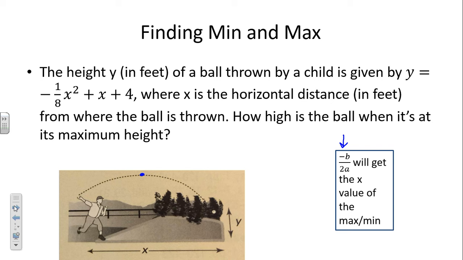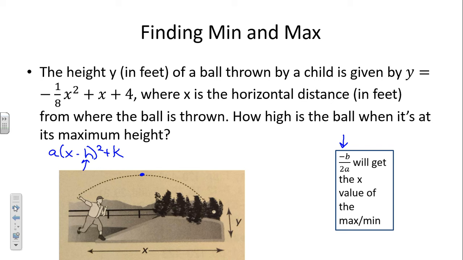Because it will be something like a times x minus h squared plus k if we do complete the square on it, and this h will be the x value of your maximum, right? But that can be found by simply taking negative b over 2a. So which of these guys is b?